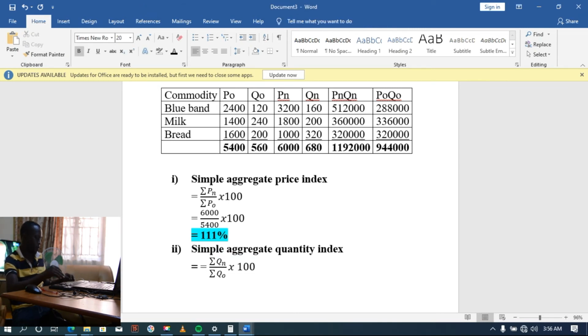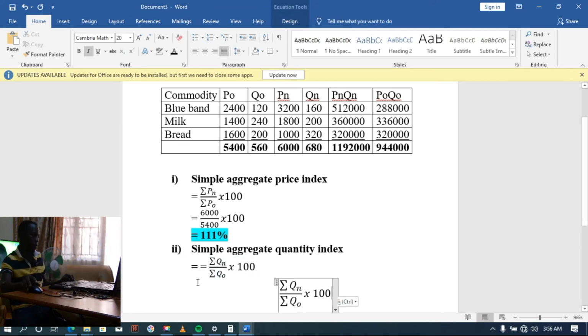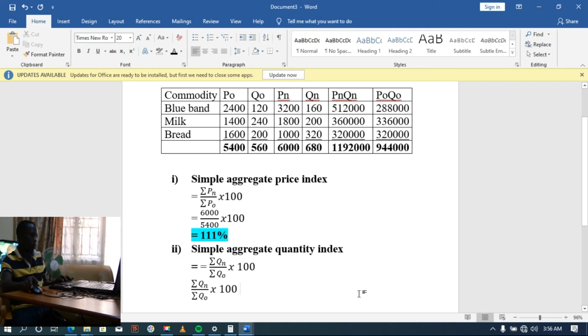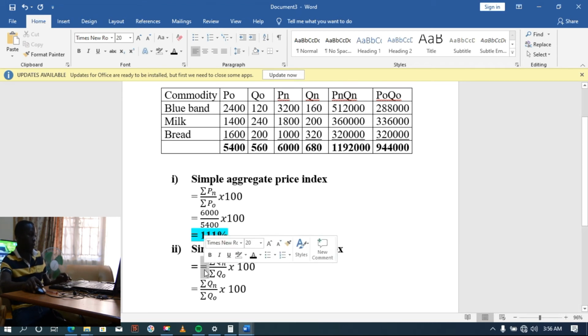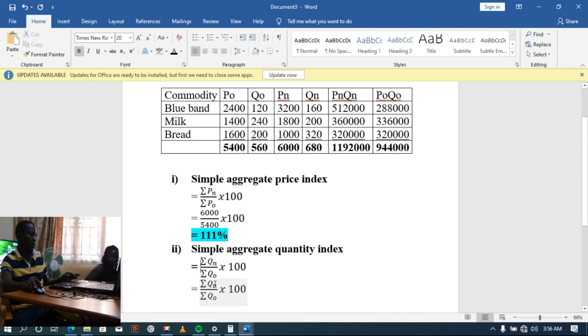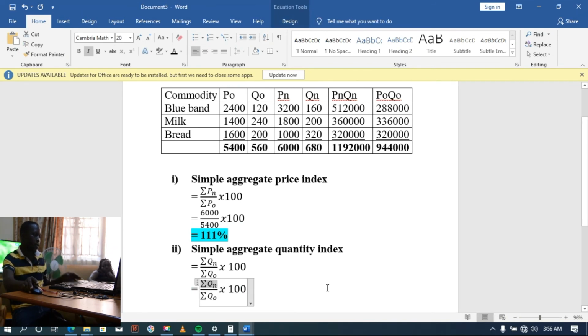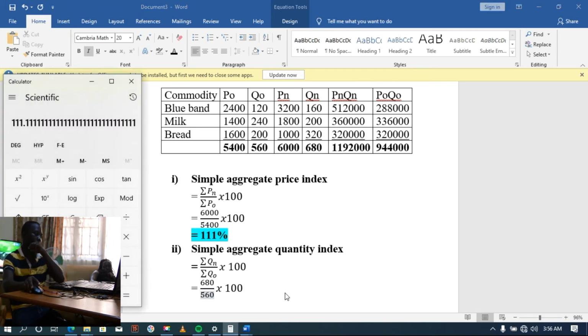So the current year quantity Qn is 680. Then the base year quantity Qo is 560. So 680 divided by 560 times 100, we get 121.